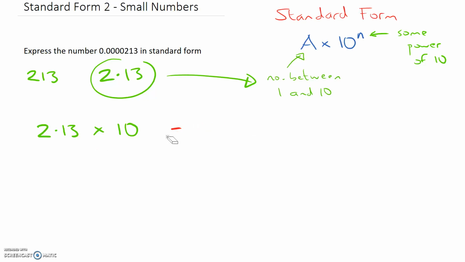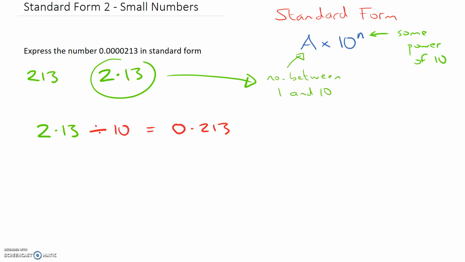What we need to be doing instead, effectively, is dividing by 10. Because if I take 2.13 and I divide by 10, we're going to get 0.213. Well, that looks like it's on the right lines, in the right direction, because 0.213 is smaller than 2.13.